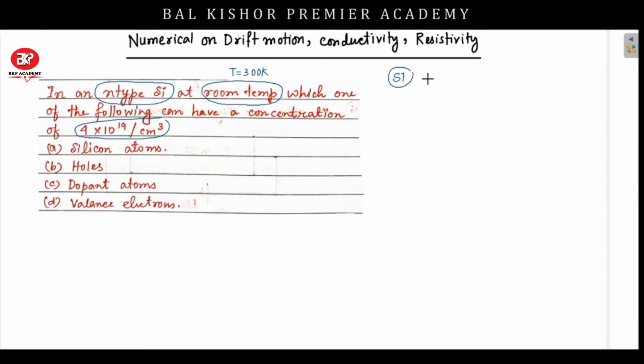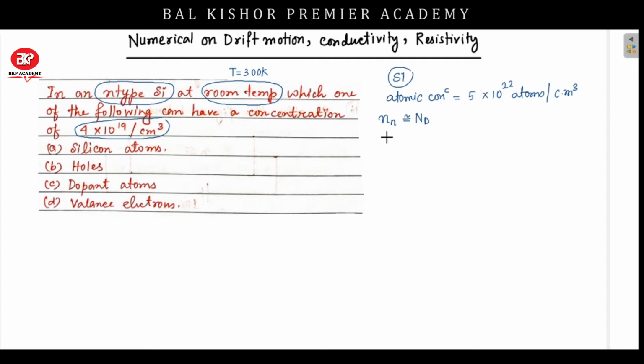silicon, the atomic concentration is 5 into 10 to the power 22 atoms per centimeter cube. This is my atomic concentration. And since this semiconductor is an n-type material, the electron concentration can be denoted as Nn, and this electron concentration will be nearly equal to the doping concentration Nd.